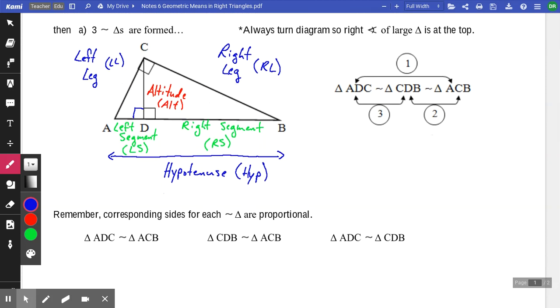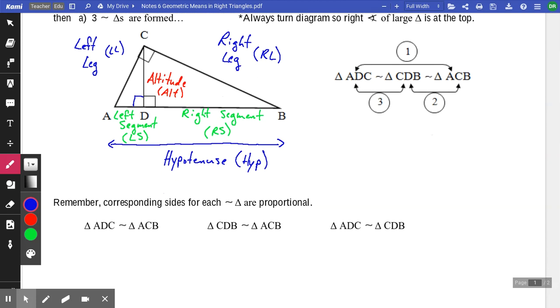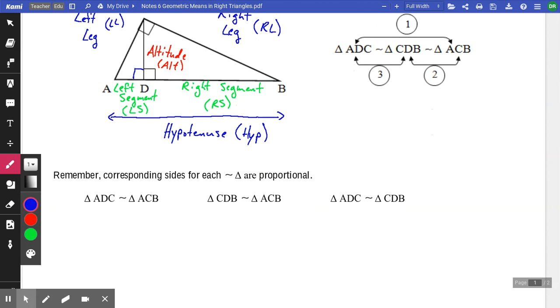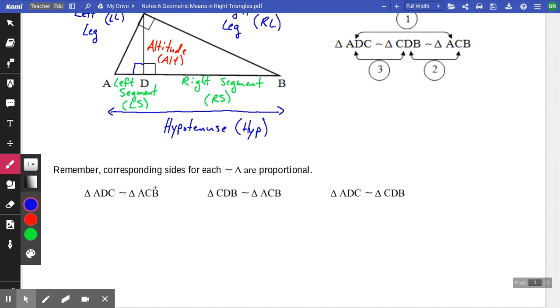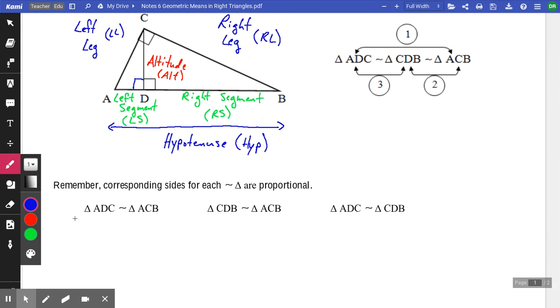We've said that these triangles are similar to each other, and that means that their sides are proportional. And so our similarity statements are given, that triangle ADC is similar to triangle ACB. If you remember, what we've said about that is the first two letters here name a segment, and the first two letters here name a segment. And so this segment in our first triangle should be proportional to this segment in our second triangle.